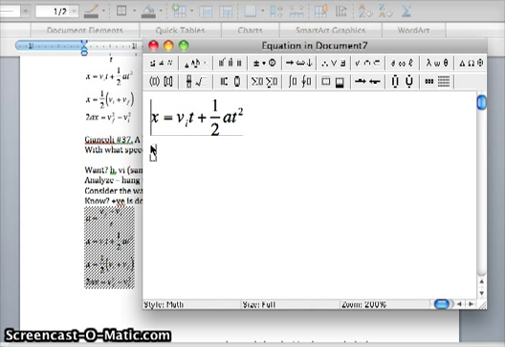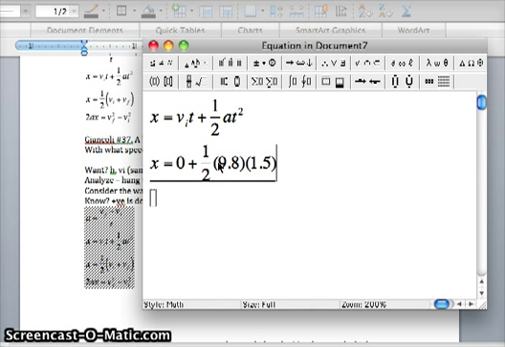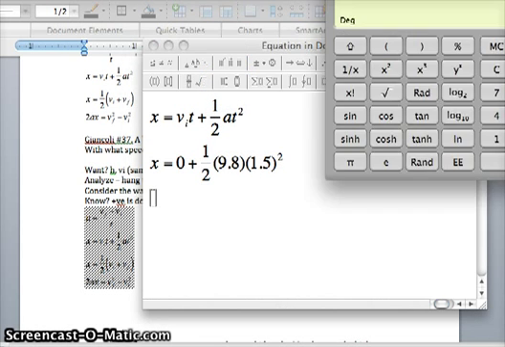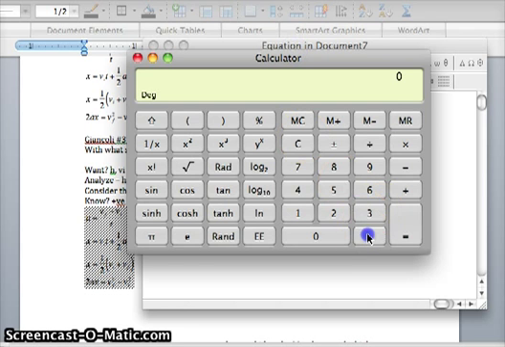X equals vit plus 1/2 at squared, where if we're just considering the way down, the initial velocity is 0, so that's 0. Plus 1/2 at squared, that's going to be 1/2 times 9.8 times t squared, which is 1.5 squared. So that's 1/2 times 9.8 times 1.5 squared.